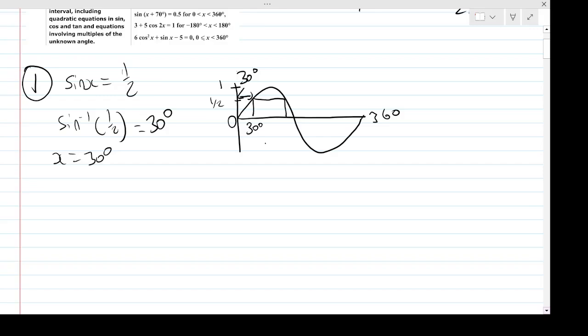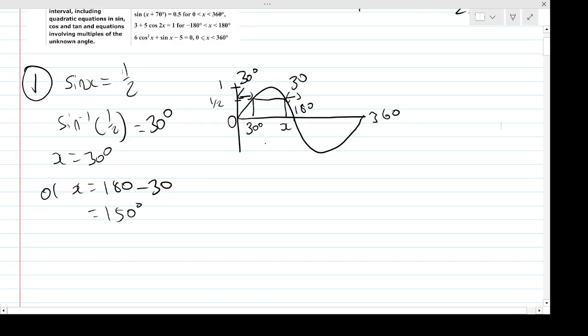In the same way, from this other solution, the gap between that point and the other end of the curve, where we should be at 180 when it goes back to 0, that gap between 180 and this other solution for x would also be 30. Which means if the difference between the solution and 180 is 30, the other solution would be 180 take away 30, and that'll be 150 then.